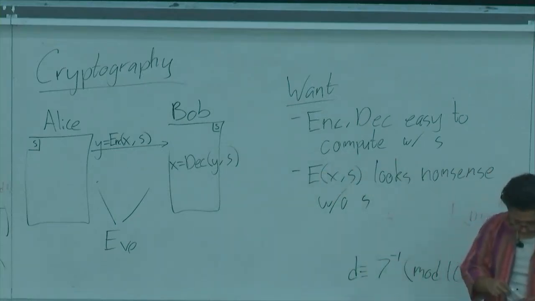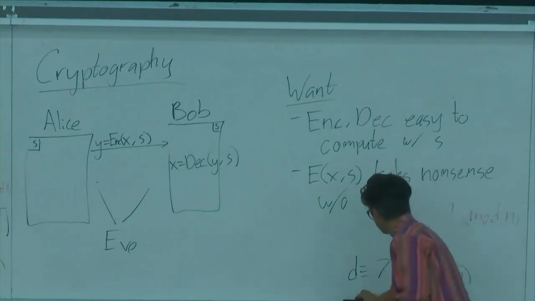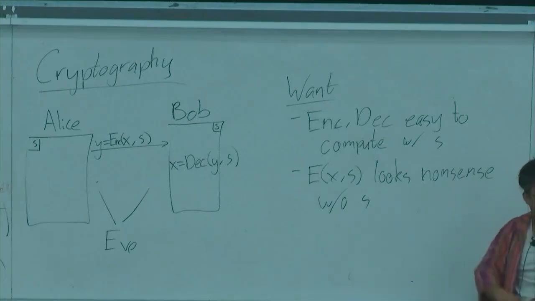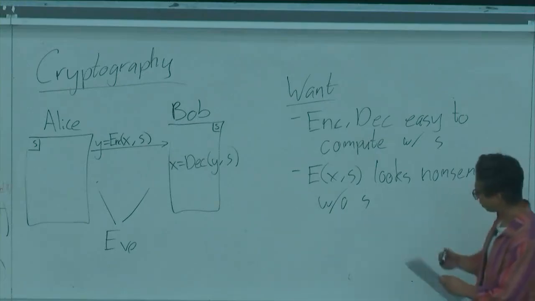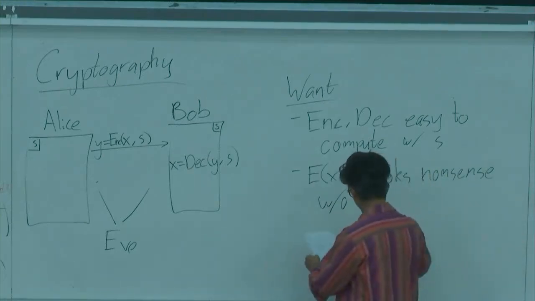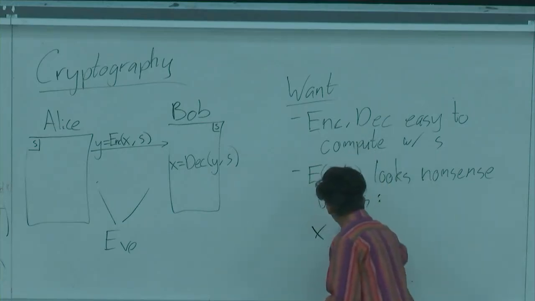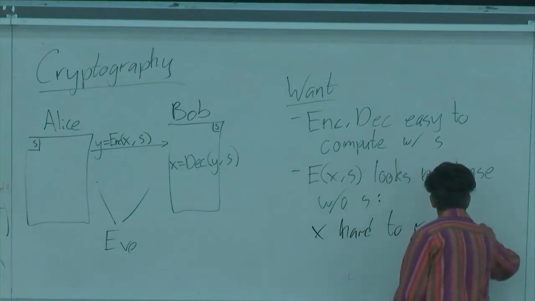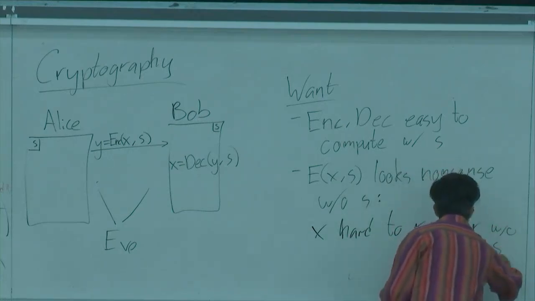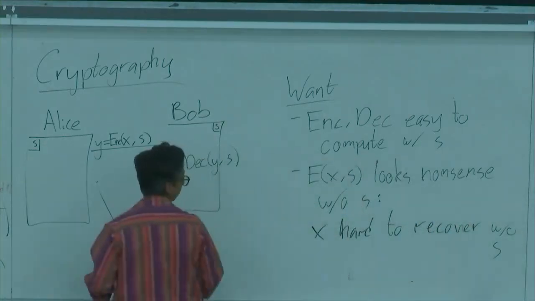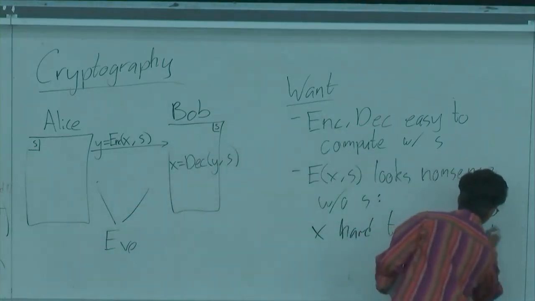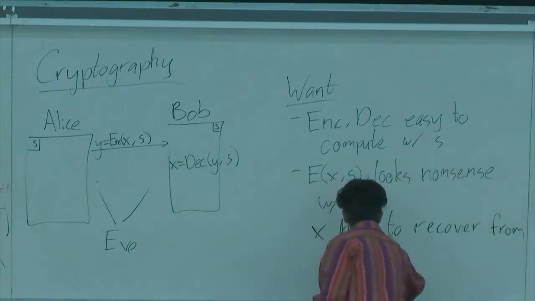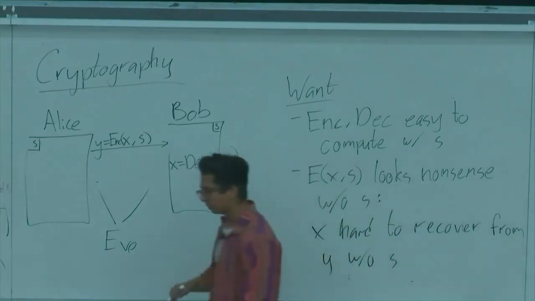So it's kind of two things. We wanted Alice and Bob to have an easy time sending messages back and forth. So long as they have the secret key, they can encrypt and decrypt easily. But anyone else looking at it, another way to say this is X is hard to recover from Y without S. And there's a whole bunch of different notions of security.